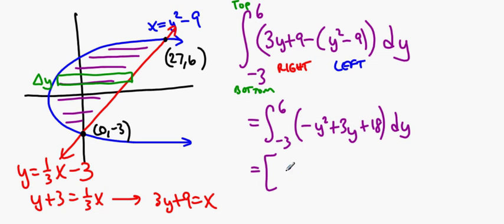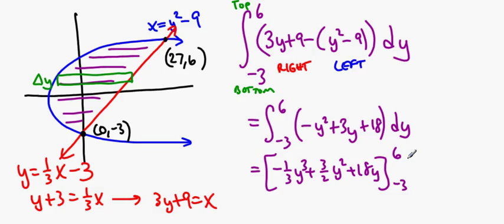And we can find that antiderivative, negative 1/3 y cubed plus 3/2 y squared plus 18y, evaluated from -3 to 6. And we just sub in the numbers and go at it. So nothing fancy there. Let's see. So who wants to do arithmetic? Answer is nobody.